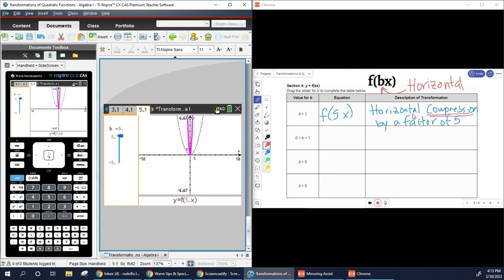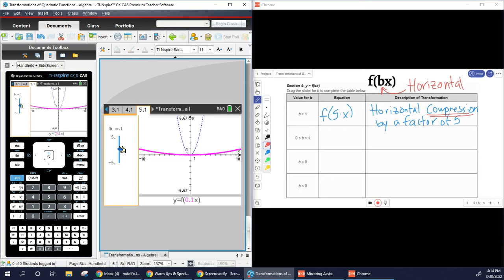Now, what happens when it's smaller than 1? As we go back to the original one, where it's equal to 1, as it starts getting into the decimals, it's getting wider. But horizontally, right? If we're looking at earlier, we were squeezing closer to the y-axis. Here, we're pulling further away from the y-axis, right?